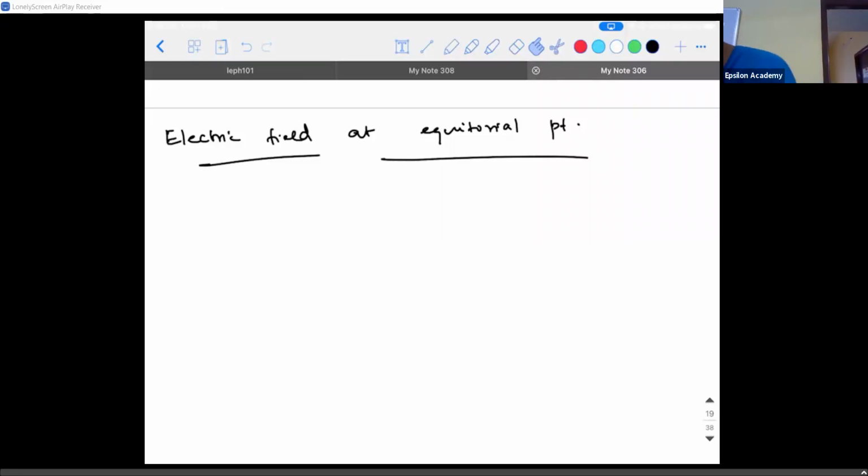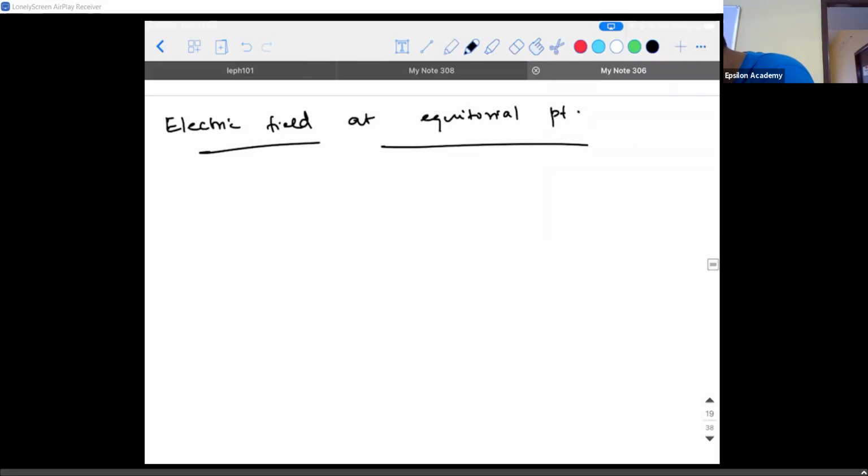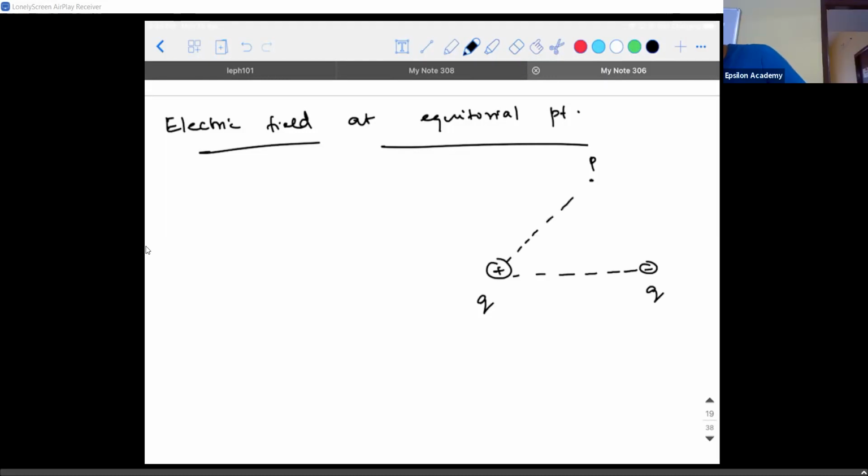See, I have a dipole. I have considered an equatorial point P here. This is the positive charge and this is the negative charge. Now tell me, what will be the direction of the electric field at point P due to the positive charge? Is it away or towards? Electric field due to a positive charge is always away from it, along the line joining these two charges.